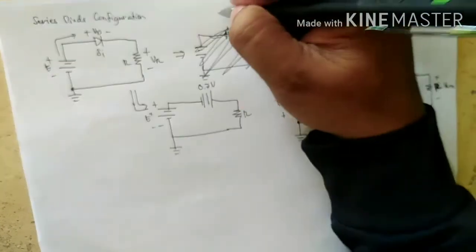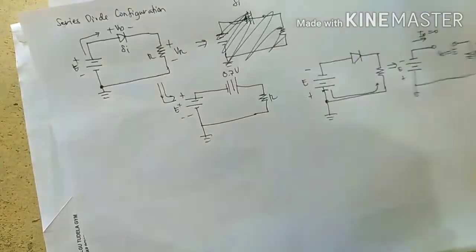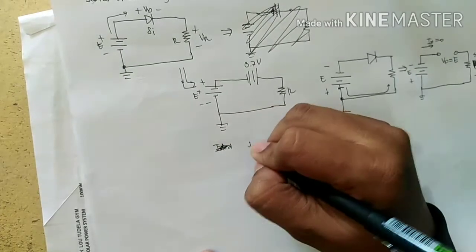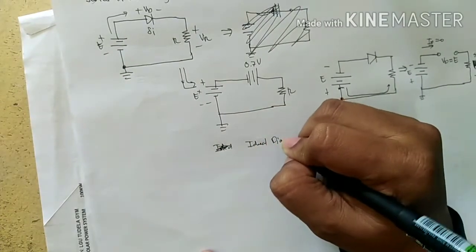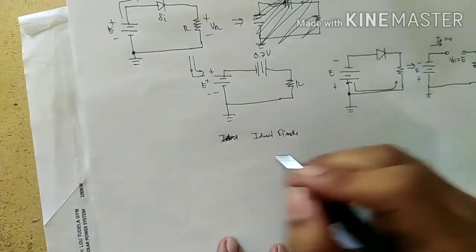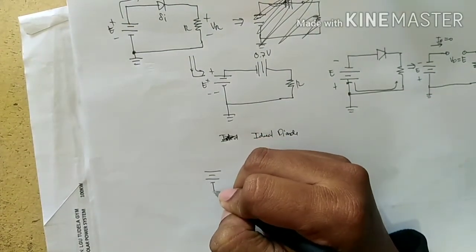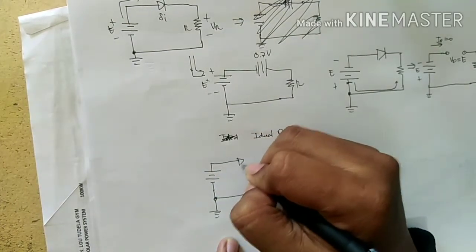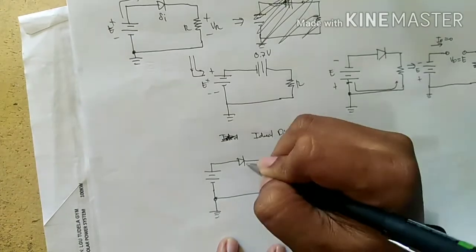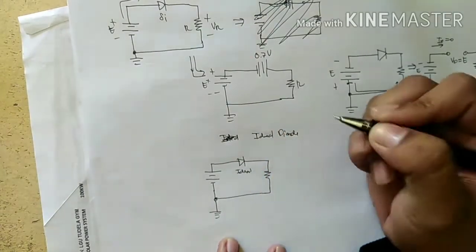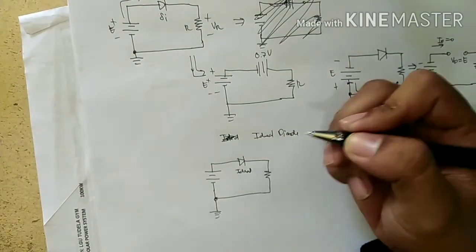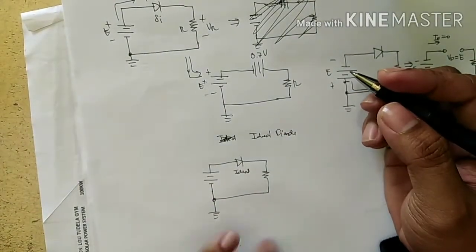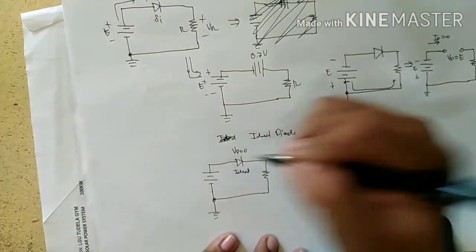Since that was silicon, how about if this is ideal? In an ideal diode, ideal means perfect. In a perfect diode. Here, since this is silicon, the voltage drop is 0.7. In an ideal diode, your VD is equal to 0.